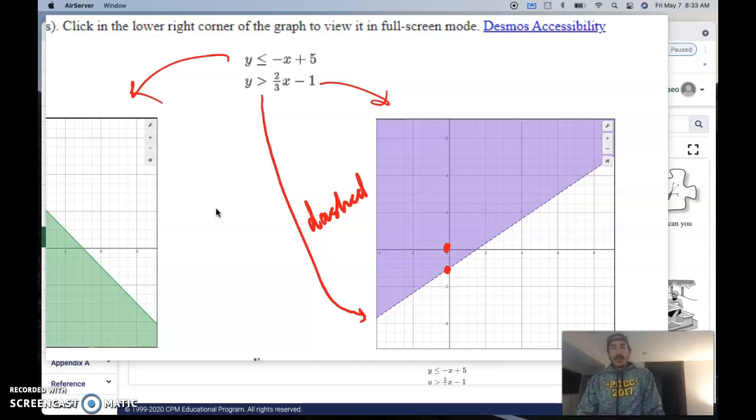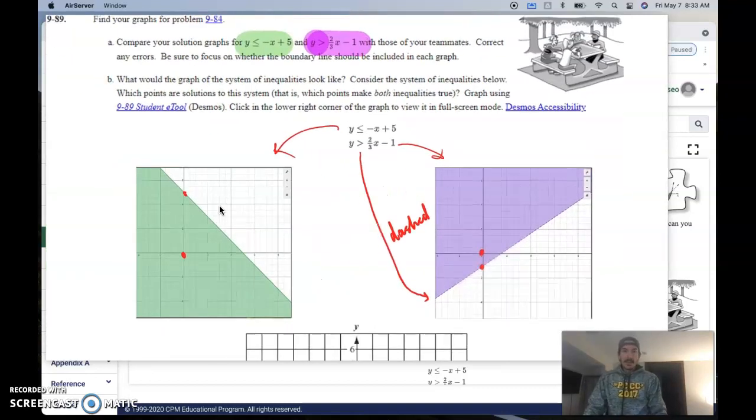okay? The thing that we're going to investigate today is, what if we needed to graph both of these things at the same time? Maybe for the purposes of application, right? It's often heard that inequalities are considered constraints, meaning they might apply some sort of limitation in the real world.